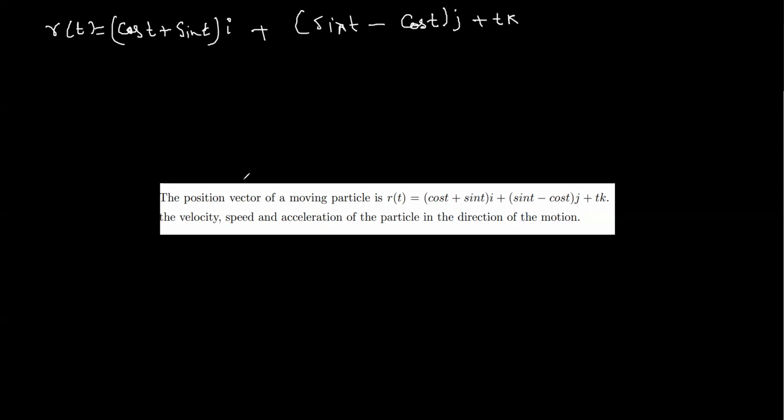Position vector is given: cos t plus sin t i, sin t minus cos t j. You have to find velocity, speed, and acceleration. Can you find this?